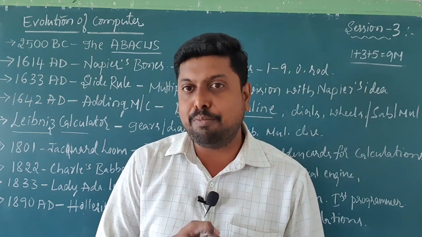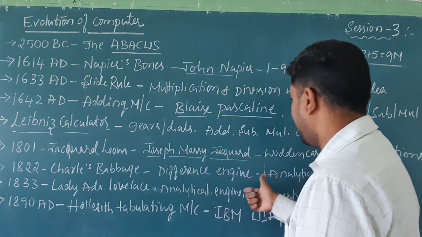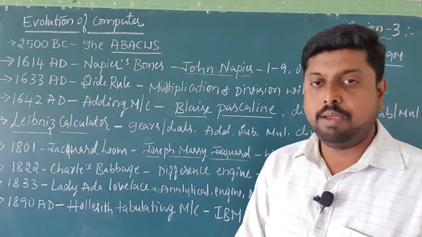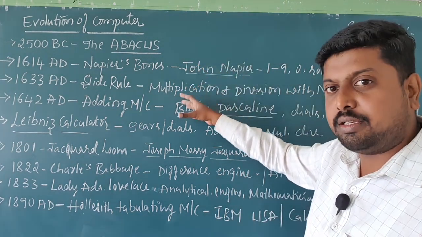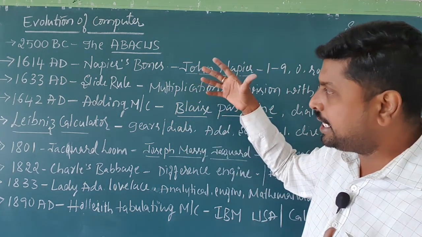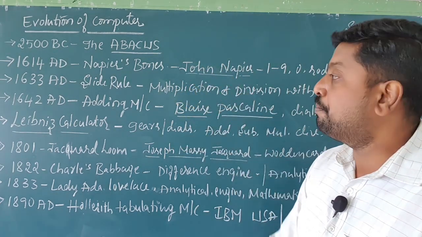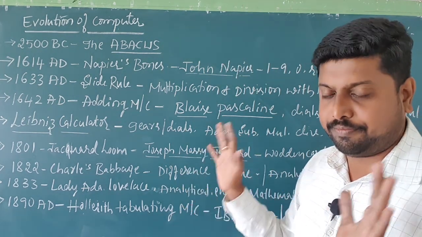But we have some reasons why either the difference engine or the analytical engine became a very popular device. See here, all the devices we saw up to now perform calculations, but there is no memory and no storage unit.